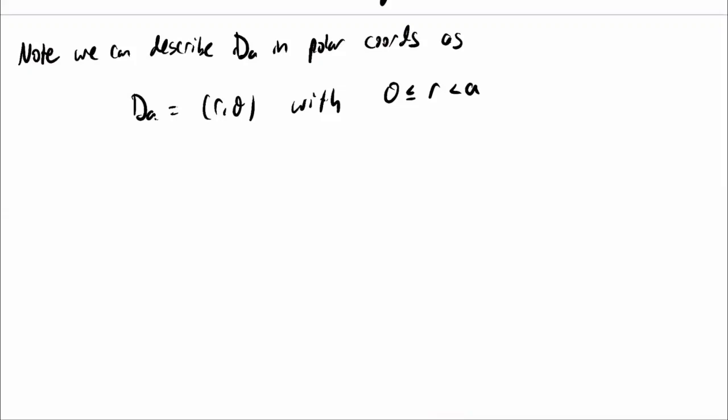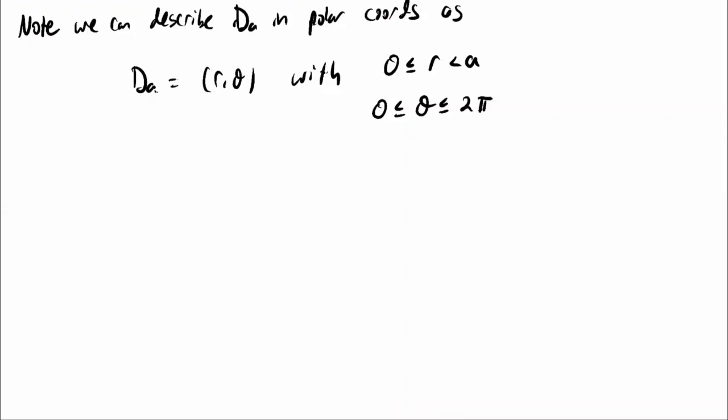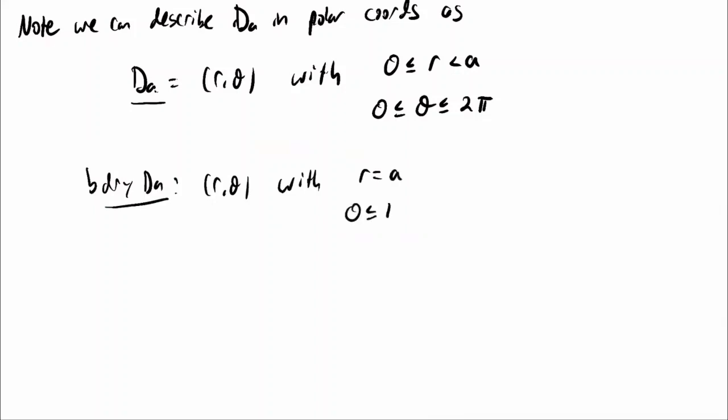And theta is between 0 and 2 pi. Right. And also we can describe the boundary of our domain as the set of r theta with r equals a and 0 less than or equal to theta less than or equal to 2 pi.